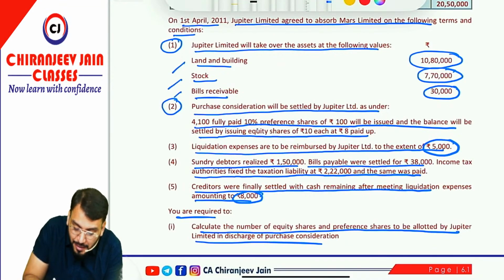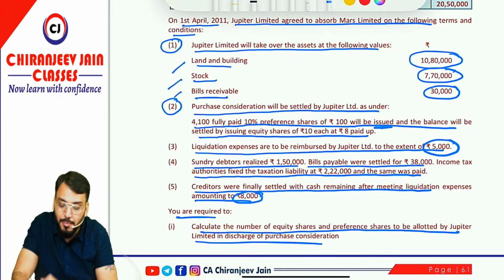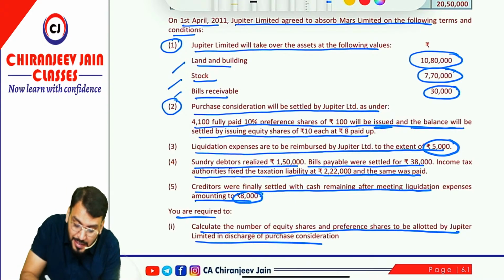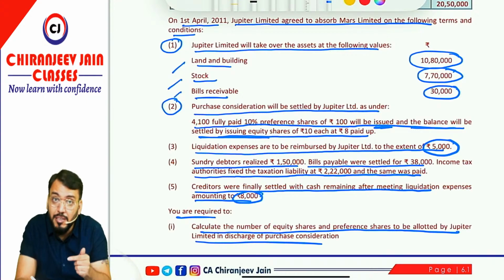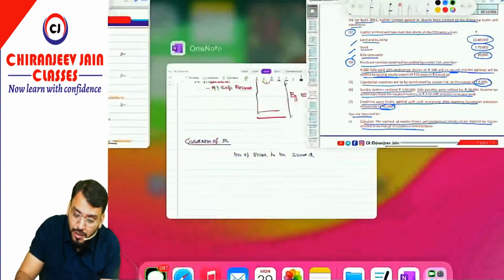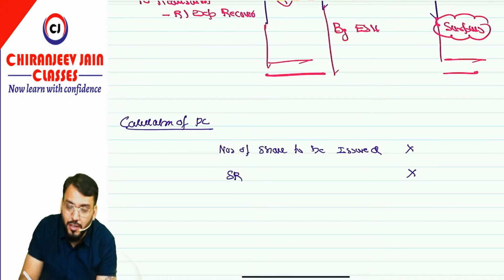4,400 fully paid 10% preference shares will be issued. So can you say for preference shares, how many will be issued is given, and the balance will be settled by issuing equity shares, but they have not given how many equity shares are to be issued. So the number of equity shares to be issued is not given. Whether swap ratio is given? Not given.